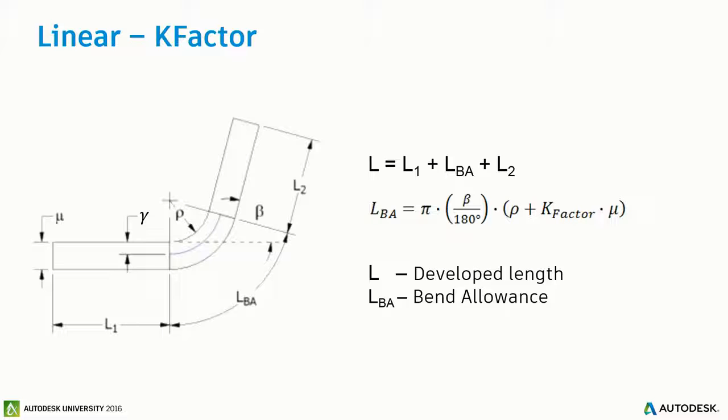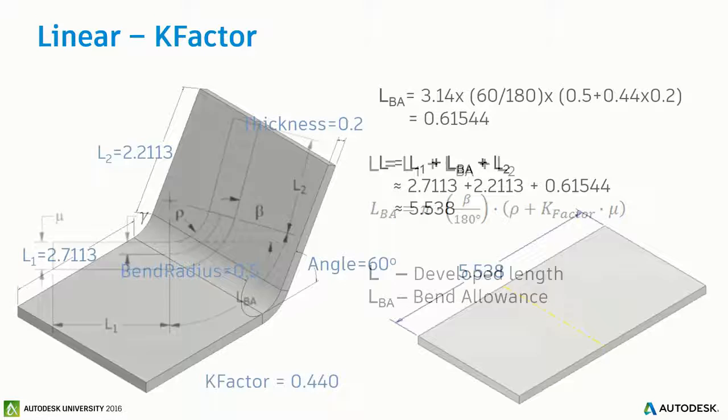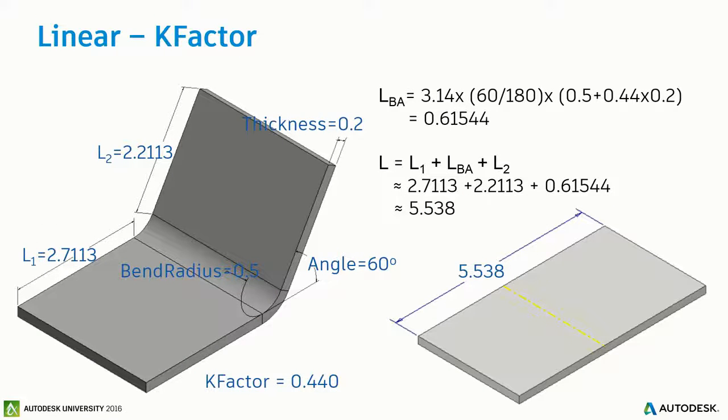With L equals L1 plus LBA plus L1, that's the final developed length for the whole material. From this simple example, we can check that it's exactly the same value after flat pattern, and the value is equal to the formula. So just trust Inventor.